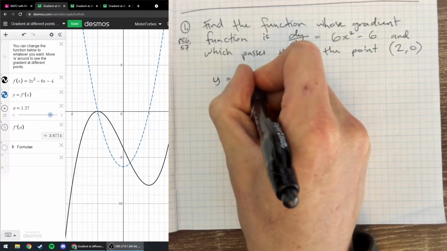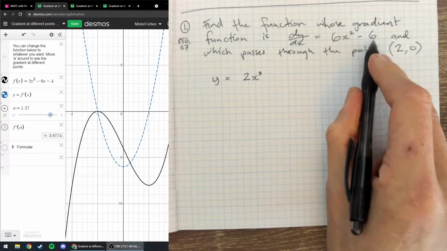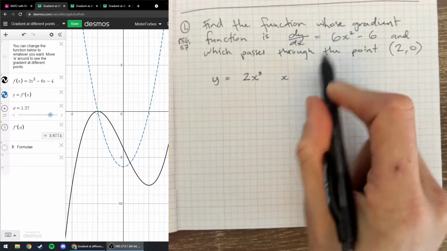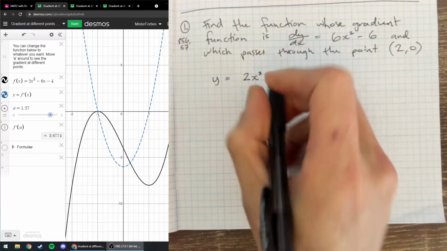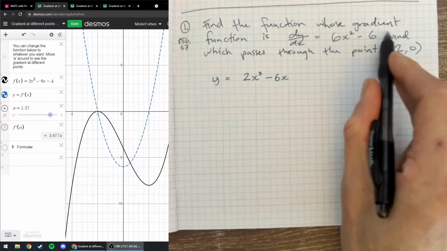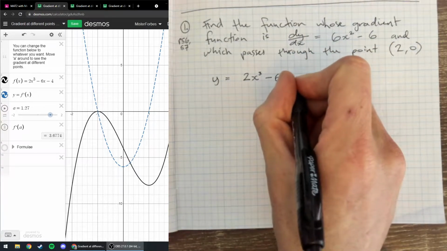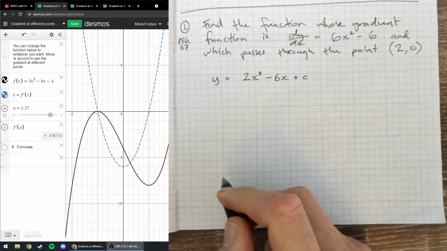So it's going to be 2x cubed, and then over here we add 1 to the power, so that makes it x to the power 1, and then we divide by 1, so that just keeps as a 6, and it was a minus 6, so we'll keep that there. Now remember, we have this unknown space that could be a constant, so we're going to add on our constant of integration. I'm going to call it plus c.